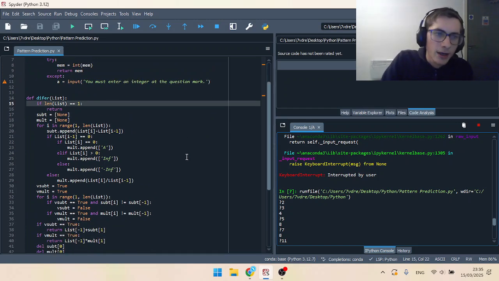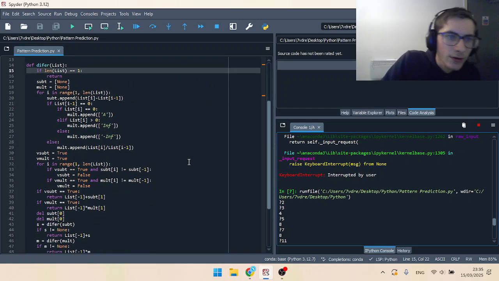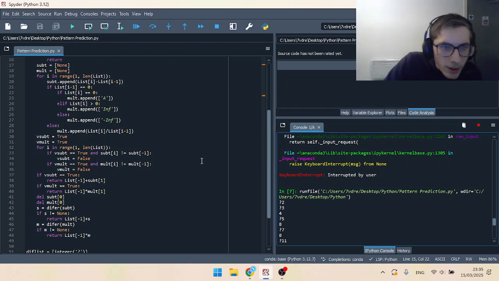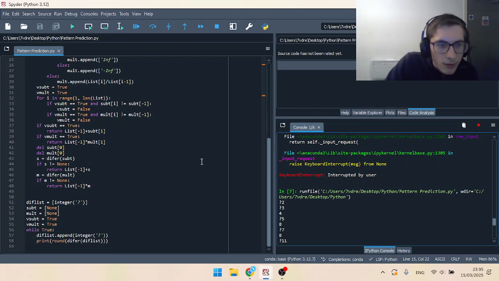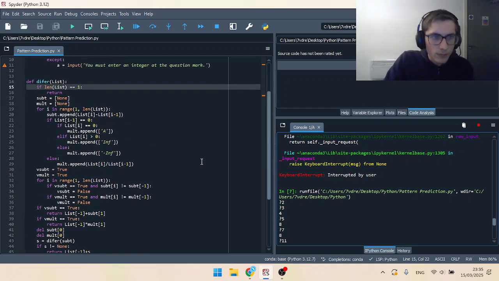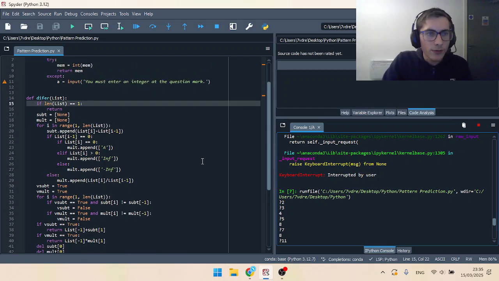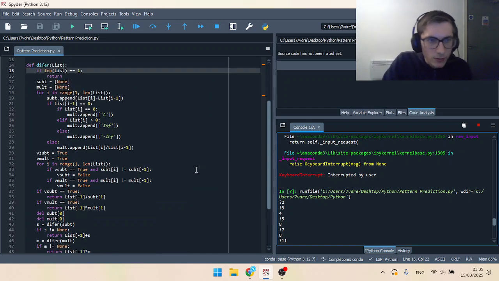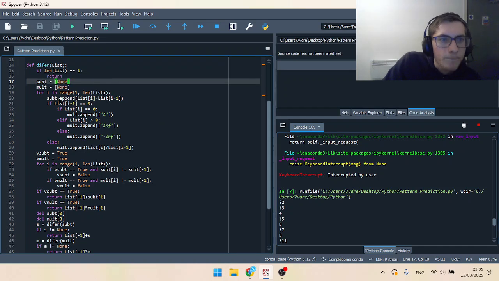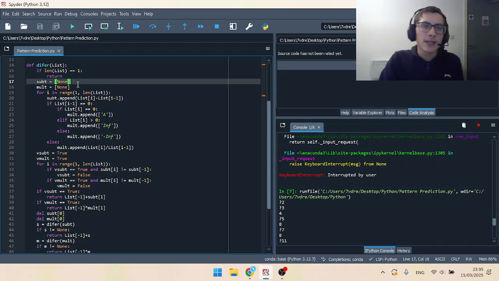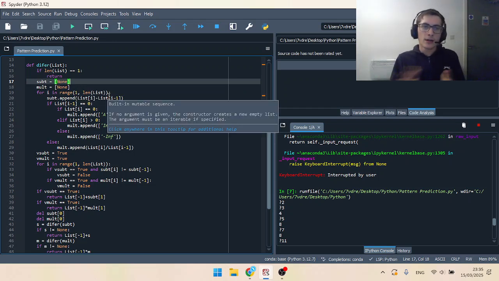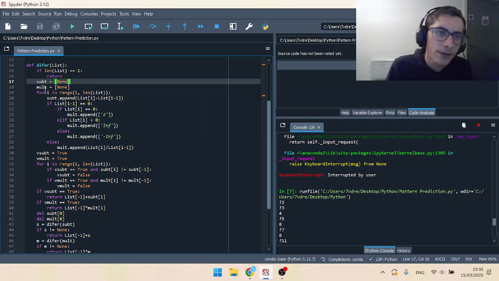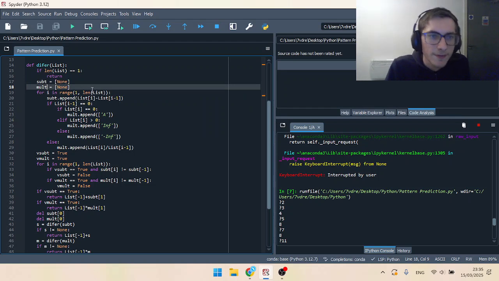I'll just say a few points and then we can wrap up. So I've split this into the recursive function I've told you about, and this list, the sublist, is the subtractions, and the multi list is the sort of divisions between them.